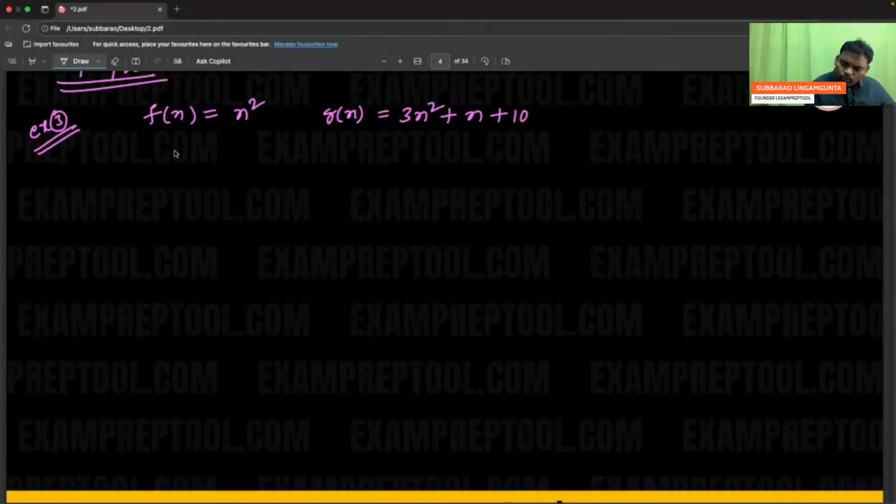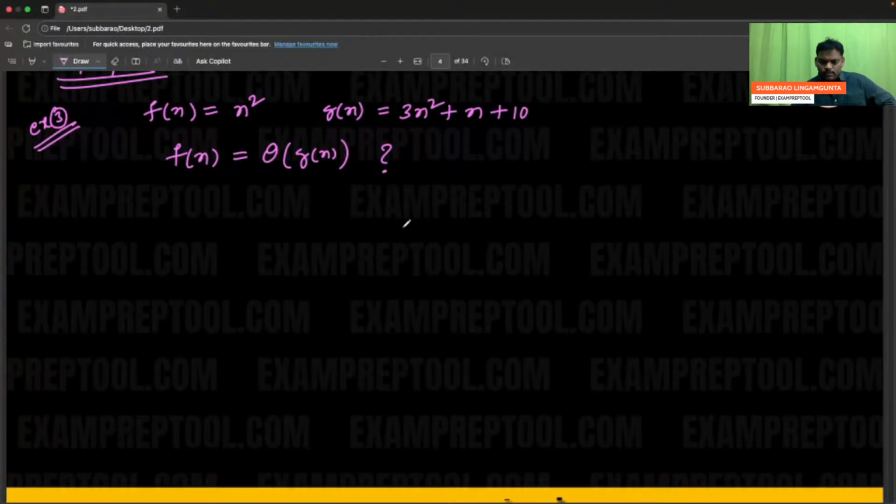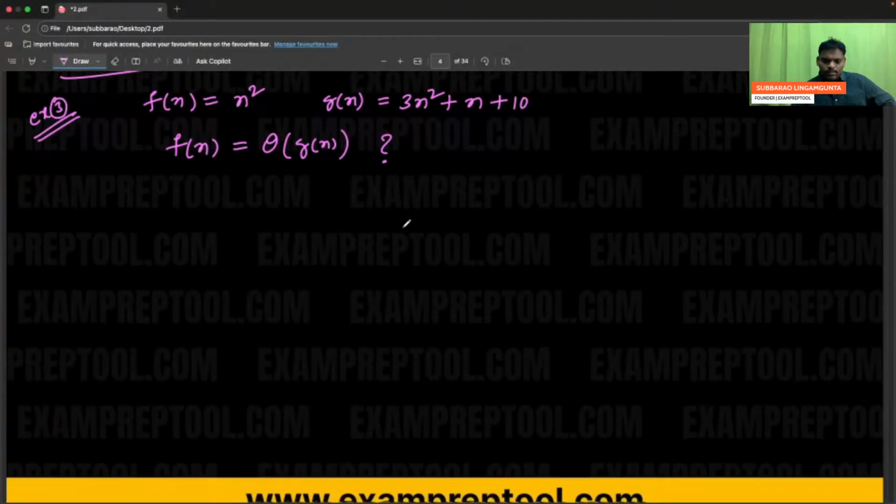Now you have to prove f of n is theta of g of n. Yesterday we did two problems, so can you start doing this? Please go ahead. What is the answer for this problem?